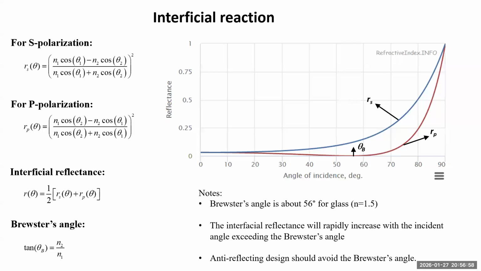And when the incident angle exceeds Brewster's angle, the interfacial reflectance will rapidly increase. Therefore, in terms of some anti-reflection design, we usually need to avoid Brewster's angle.